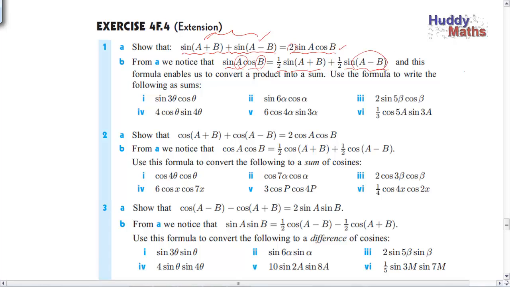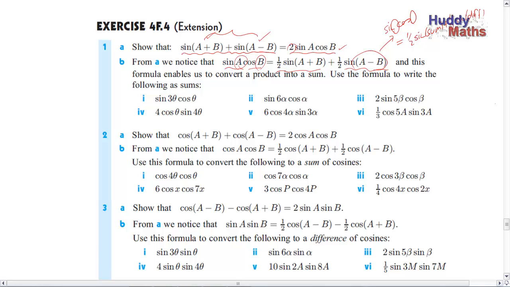Okay, so I want you to actually use that idea, the generic idea here: sine cos as a product is half the sine of the sum of the two angles plus half the sine of the difference, no matter what those angles in there are.